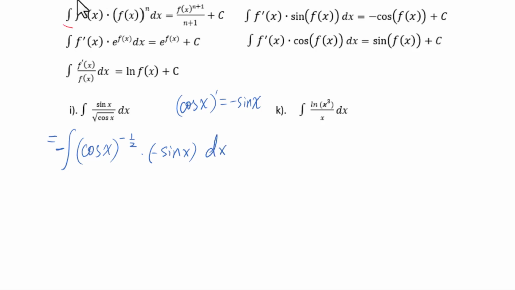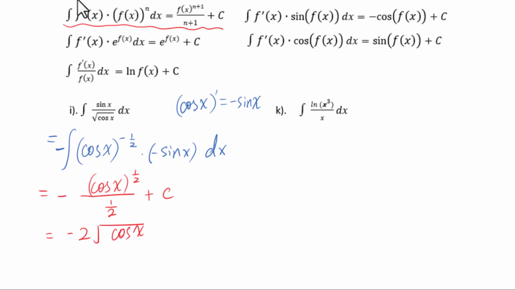We will use this formula: equals negative cosine x to the 1/2 power over 1/2 plus c. Organize: negative 2 square root of cosine x plus c.